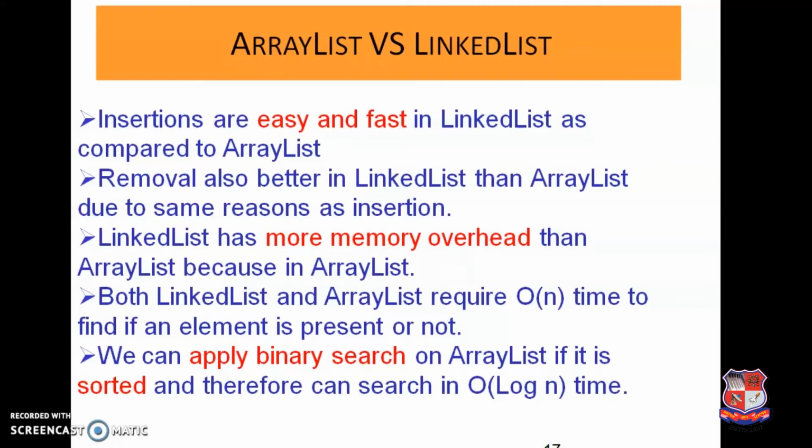So if we compare array list and linked list, insertion in linked list will be always easy and fast compared to array list, because array list needs to check whether it reaches its limit or not. Even removal also better in case of linked list than array list due to same reason as insertion.